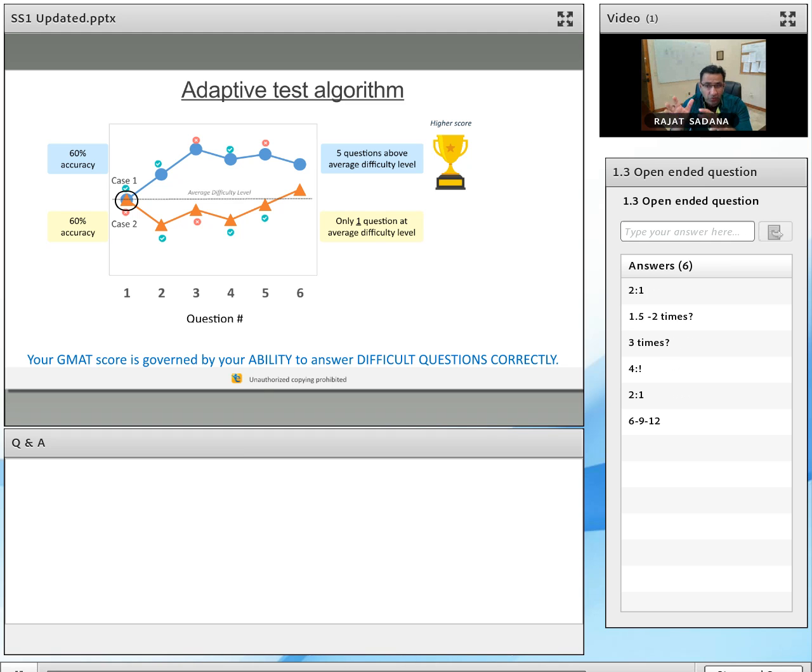It's between 2.5 and 3x when it comes to easy versus a difficult question, or more specifically, using the terminology of a 500 level versus a 700 level question. Even though there is no 500 versus a 700 level question, it's easy versus difficult. A 700 level question, in my estimates based on the analysis that we've done, carries about 2.5 to 3x as many points as a 500 level question does.